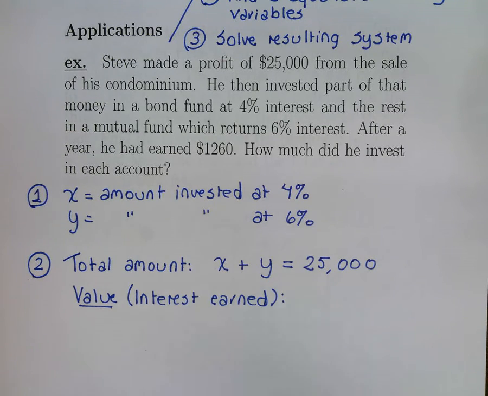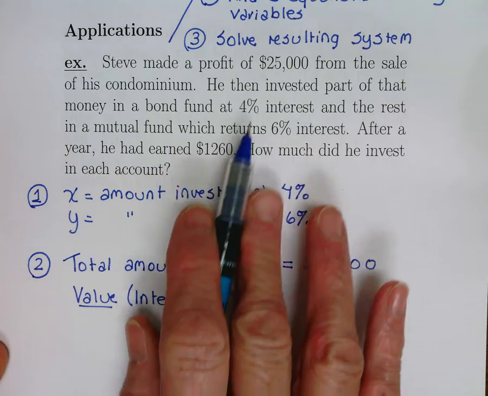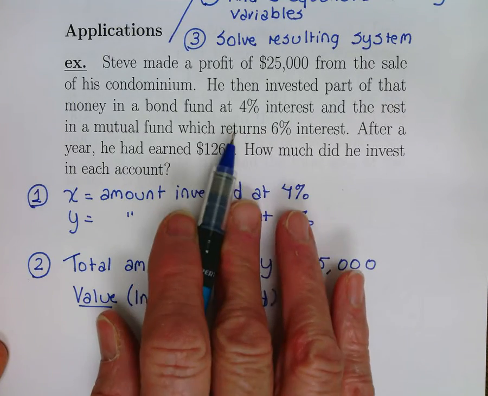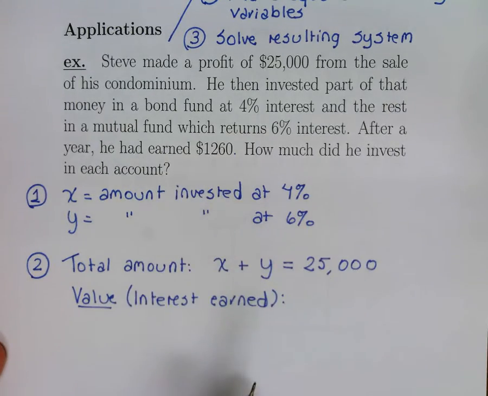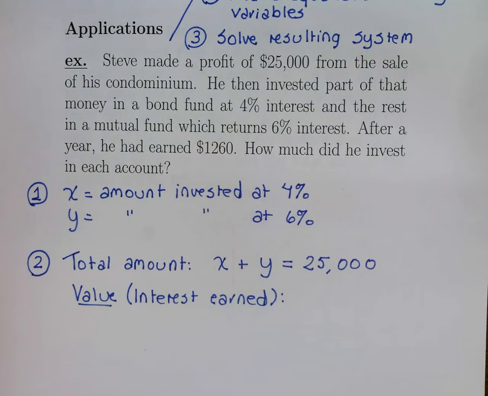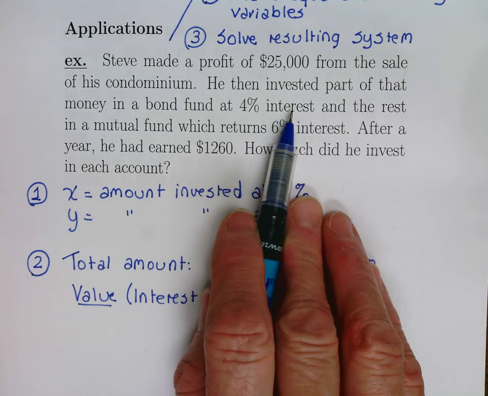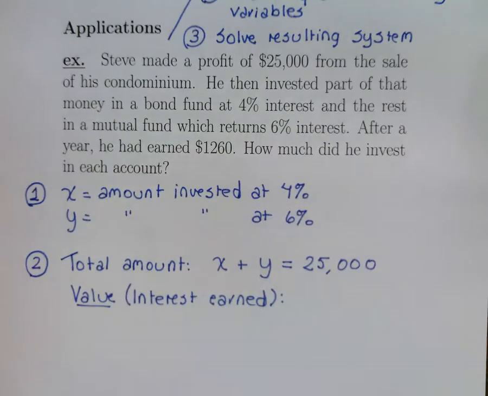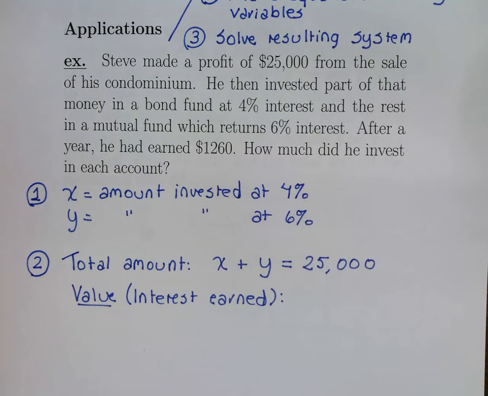But it's what the return on his investment is. What is the value of what he invested? Now, what does it mean to say that he invested at 4% interest? That means, as we've seen before with compound interest, that he earned 4% of whatever his principal was. And we're assuming that this is compounded once in that year.